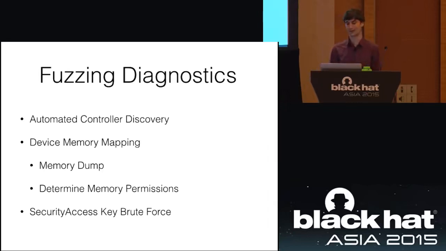So the concept of just fuzzing diagnostics, I think, is an interesting thing because the automotive manufacturers didn't really expect or didn't really care about people plugging into these buses, right? They designed the cars in such a way that they figured, well, no one's going to play around with this, and as long as you can't remotely do it, it shouldn't be a problem.